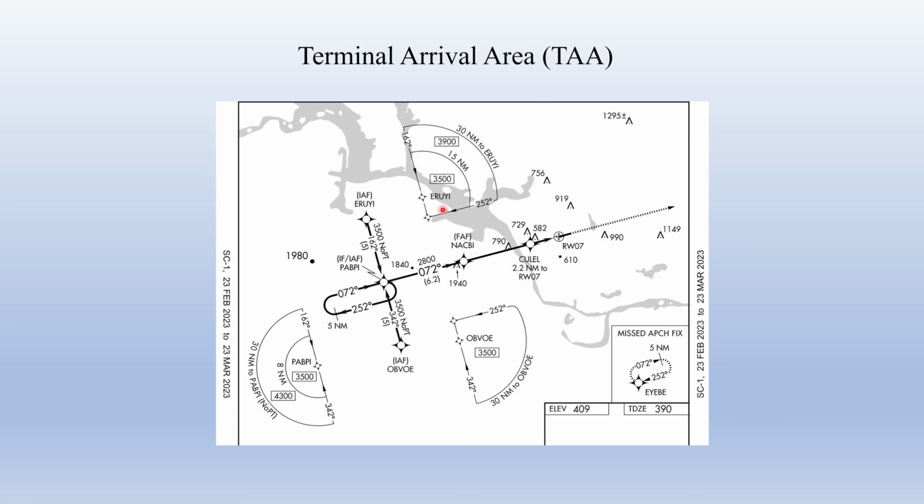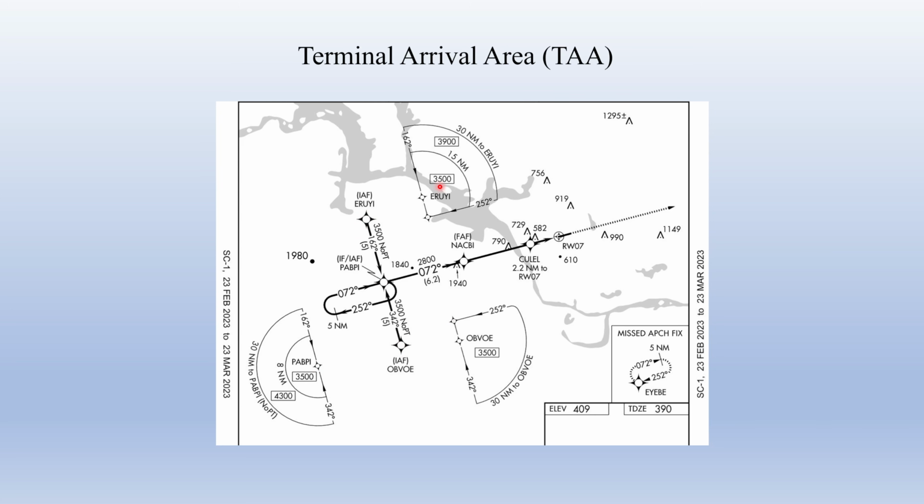Another key difference is where an MSA is based on a single fix, a TAA is based on multiple fixes. Usually the TAAs are built around approaches that have this T configuration where you have 2 wings and then a center point. So your half circle will be based on the center point fix, and then your other 2 sectors will be based on the wing point fixes.